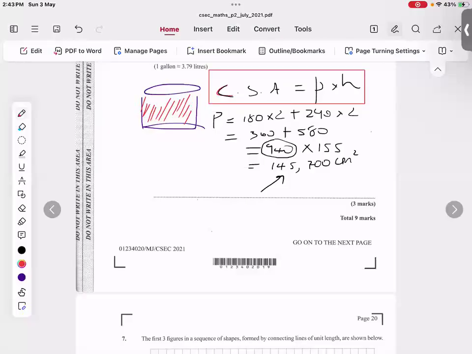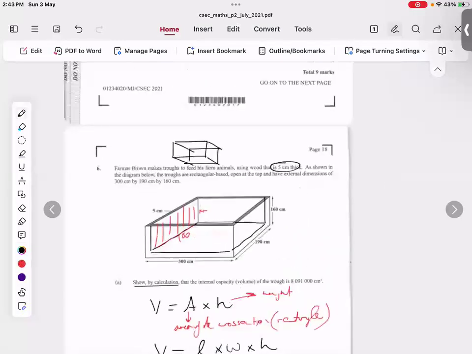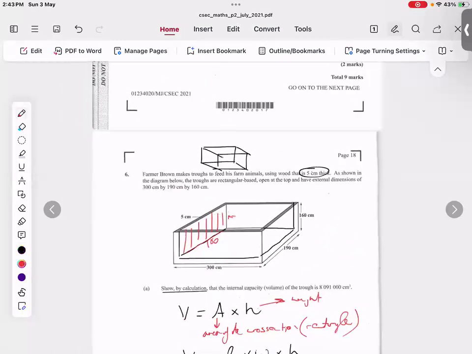Say it again. 180 times 155 times 2. Say it again for me. 55,800. All right, cool. So that will cover the area of these two red sections here.